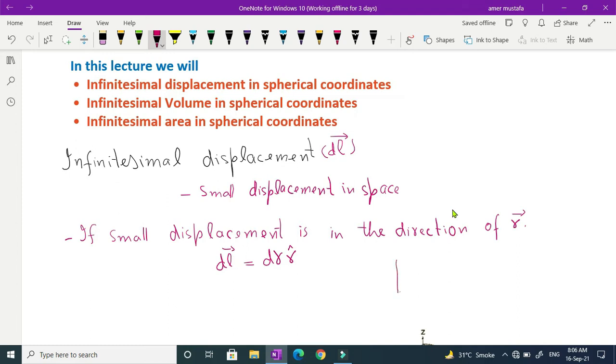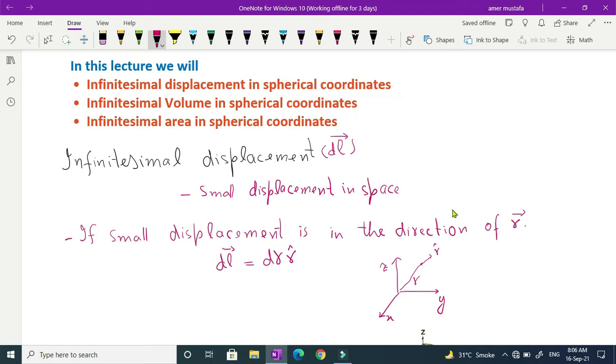If you have a coordinate system x, y, z, remember that if a point P is represented by spherical coordinates, then this length is represented by r, and its increasing direction is the direction of r, denoted by r cap.